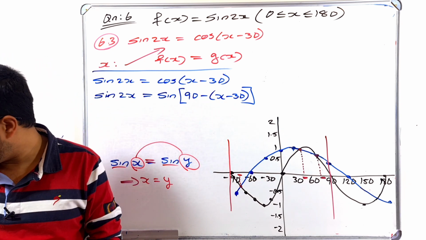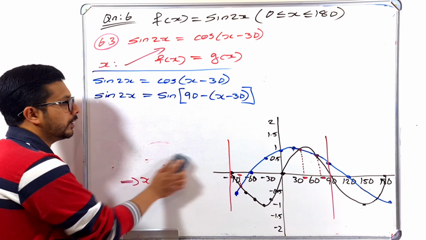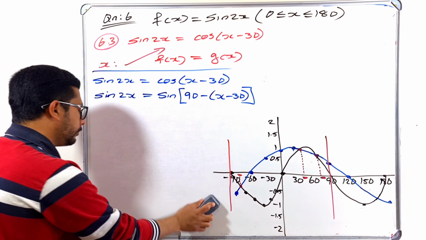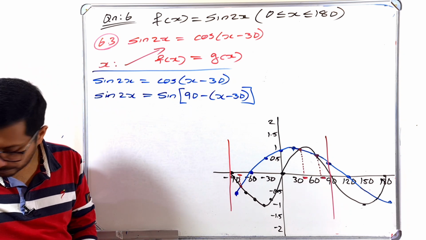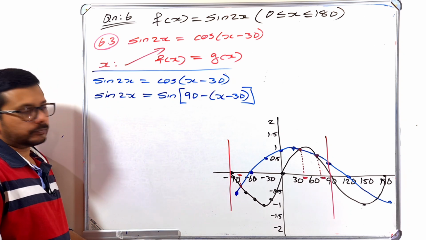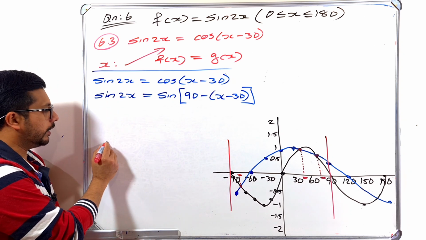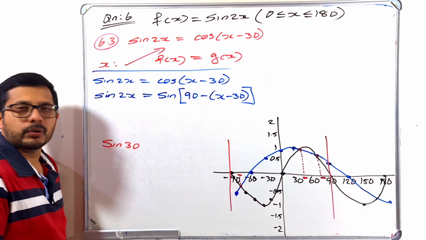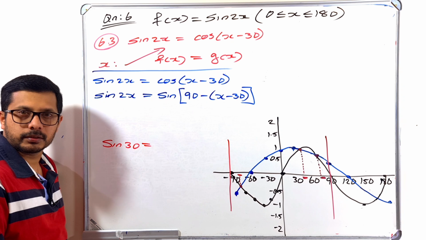Maybe listen once more, those who didn't understand that one. Here in small classes you studied, for example, sine 30. How can you write this one in cos?